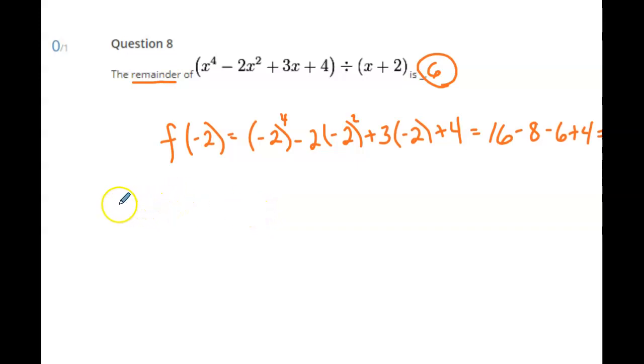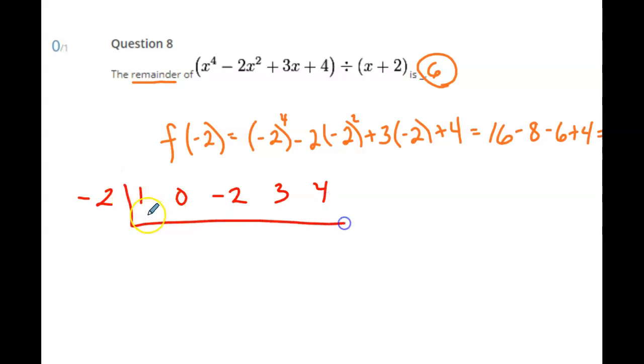So for example, if we had done the long division or the synthetic division, negative 2 would go into a 1, a 0, a negative 2, a 3, and a 4. Bring down the first term. 1 times negative 2 is negative 2. 0 plus negative 2 is negative 2.